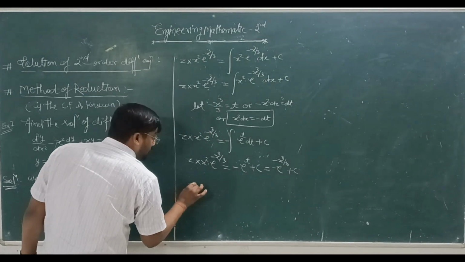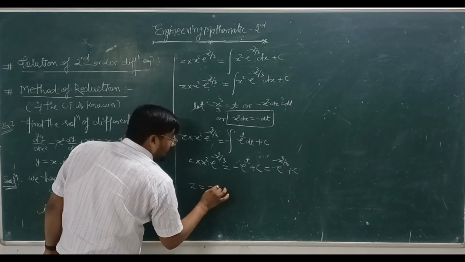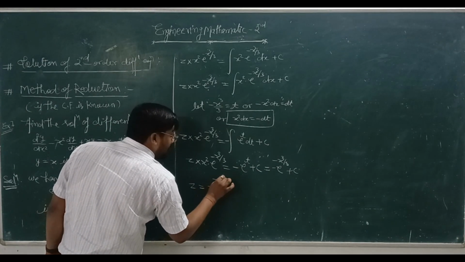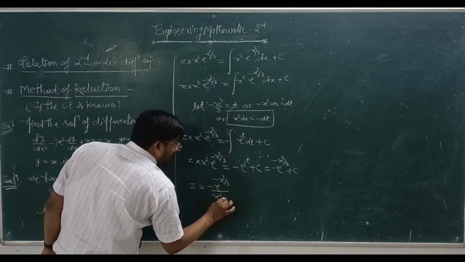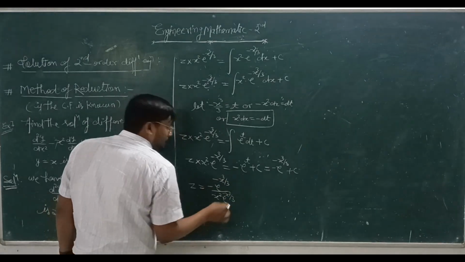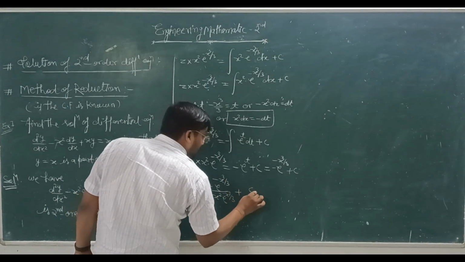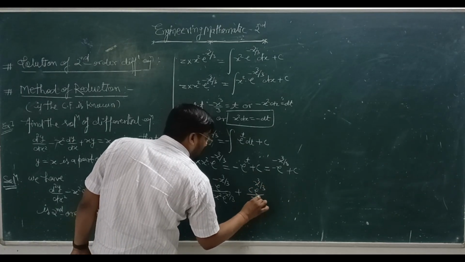Now put z is equal to minus e to the power minus x cubed upon 3 upon x square e to the power minus x cubed upon 3 plus c e to the power x cubed upon 3 upon x square.